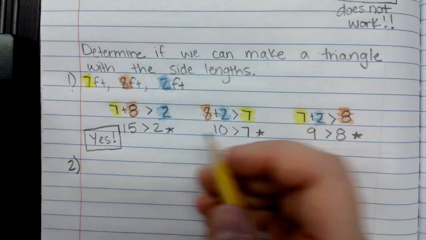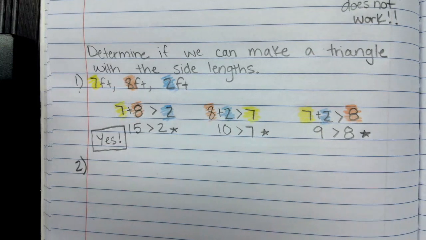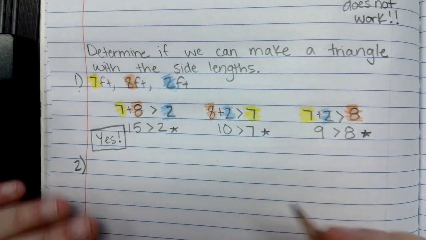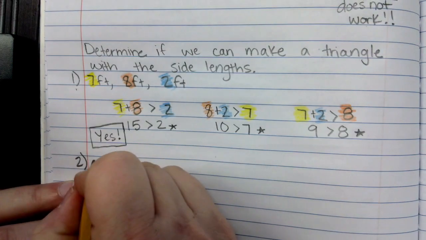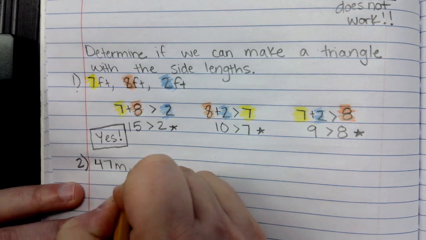Triangle of the Sand. Alright, next one we have 47 meters, 14 meters, and 26 meters. Alright, so again, we want to check to see if all 3 combinations work.